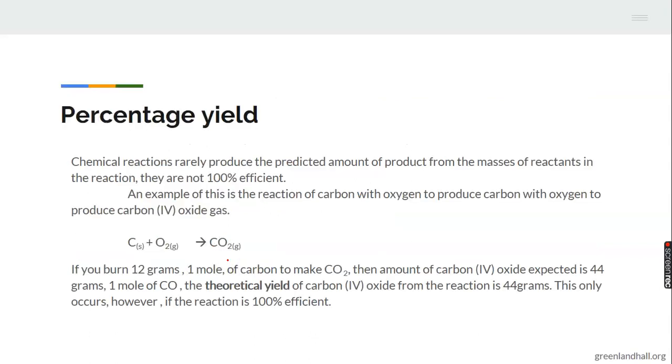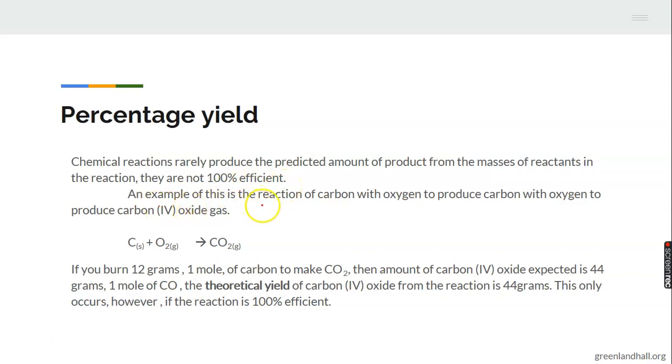Okay, so percentage yield. Many times when you are doing experiments, or if it's not experiments, you are just doing theoretical work, chemical reactions do not really produce the predicted amount of products from the masses of reactants in the reaction. They are not 100% efficient.